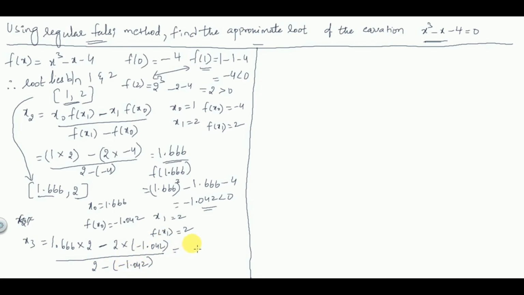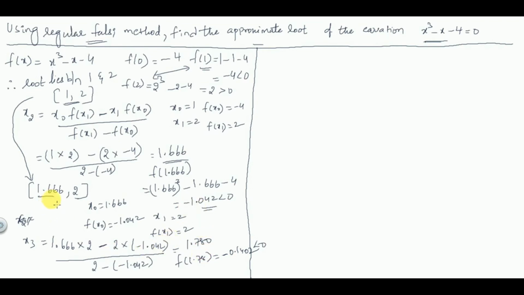If you take a calculator and solve this, you will get 1.780. And f of 1.78, if you solve that, you'll get minus 0.1402. So it is a negative value less than 0, so it replaces the negative root.